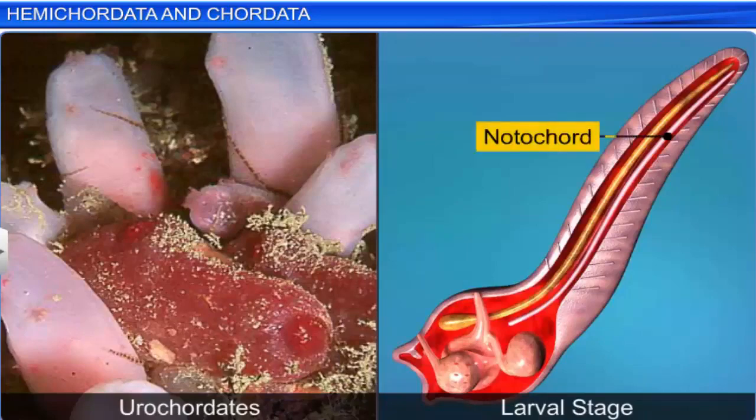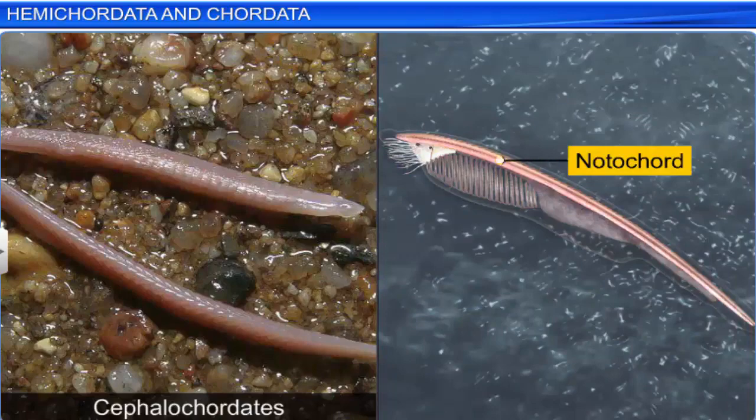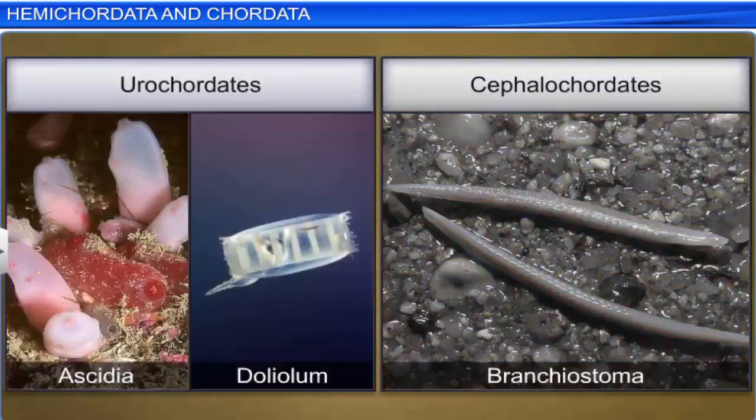Urochordates have a notochord only in the larval tail, while cephalochordates have a persistent notochord which extends from head to tail region. Ascidia and Doliolum are examples of urochordates, while Branchiostoma is an example of cephalochordates.